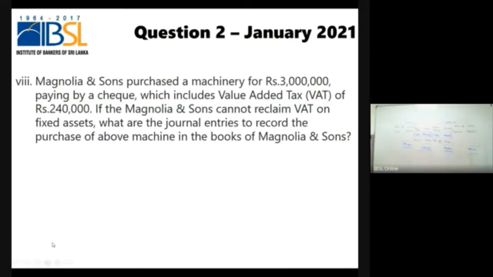Magnolia and Sons purchased a machinery for 3 million, paying by a check, which includes value added tax of 240,000. So which means what? When you go and purchase something from the market, it will also have a VAT. We have to pay VAT. What is the VAT percentage?